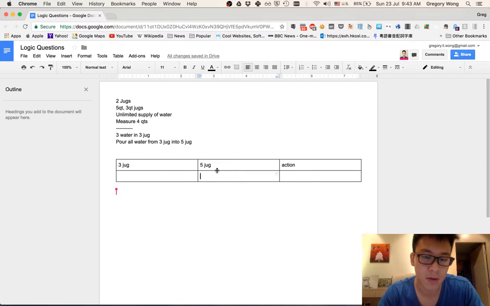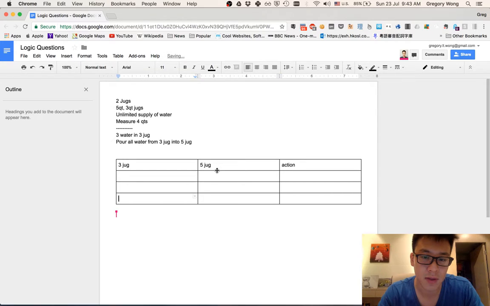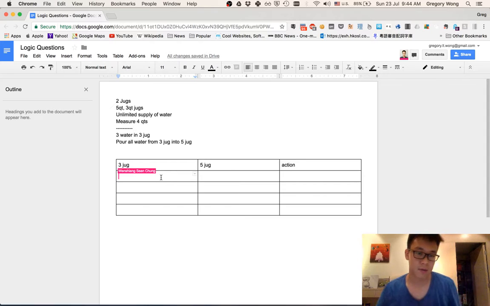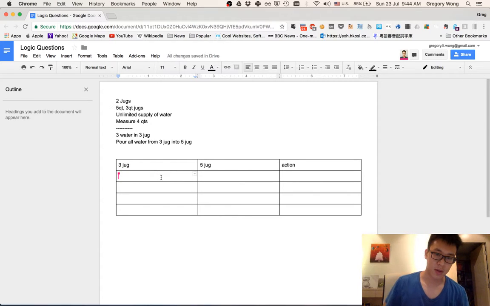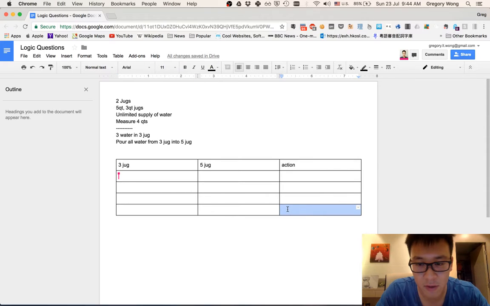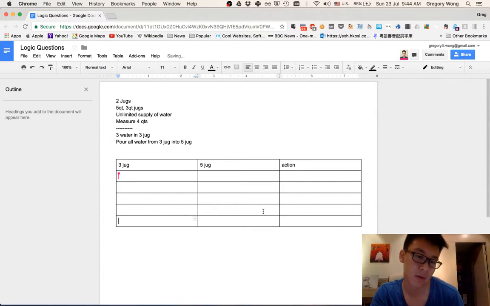Would that be easier? If you want to add a new row, you just need to press tab, and it'll add a new row.